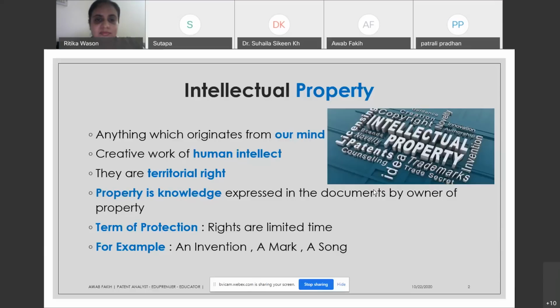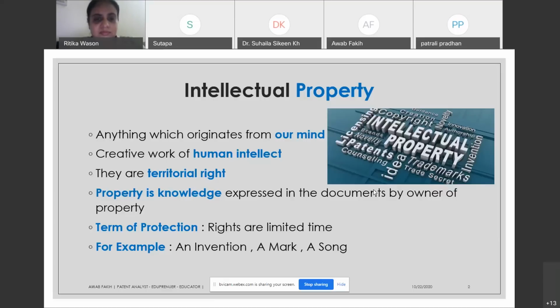So IPR is anything which originates from a mind, or we can say the creative work of the human intellect or human brain, such as songs which we listen to on a laptop, or the floral design on a bedsheet. Now we call it a property because, like other property we normally have, like a house, land, gold, we can sell it, we can make money from it, we can trade, or we can also take a loan on it.